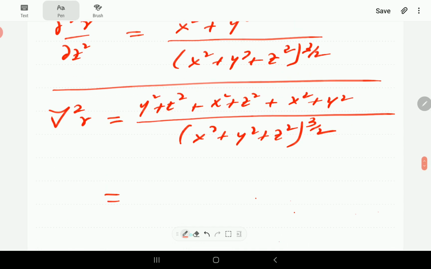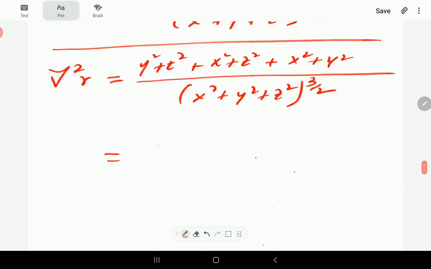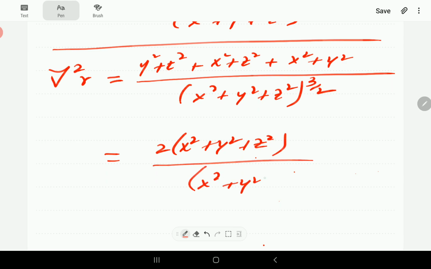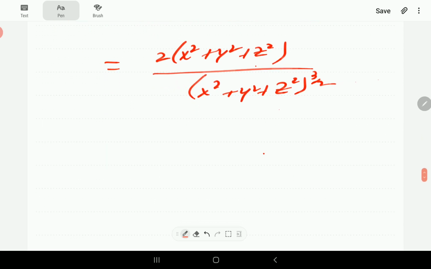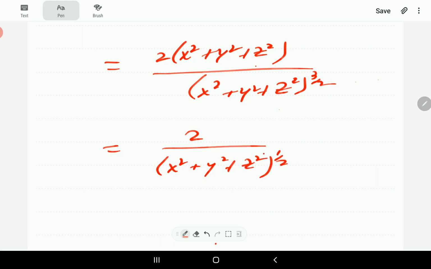Looking at the numerator, we're going to have 2 of each, so 2 times x squared plus y squared plus z squared, all divided by x squared plus y squared plus z squared to the power 3 over 2. If we simplify this, there's going to be 2 over x squared plus y squared plus z squared to the power 1/2, so that is simply 2 over r.